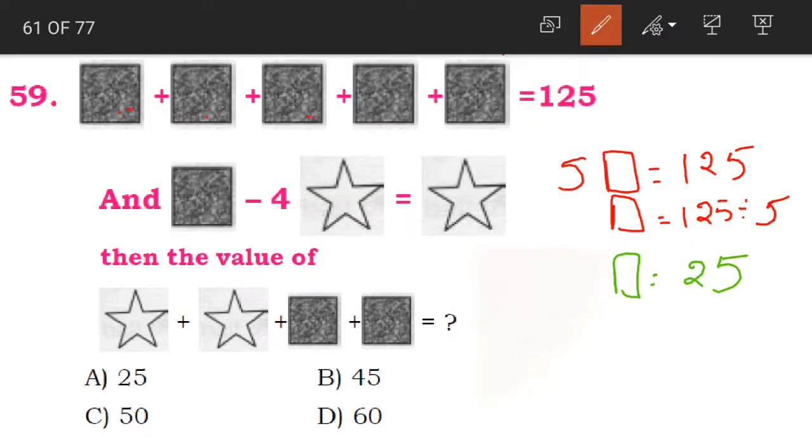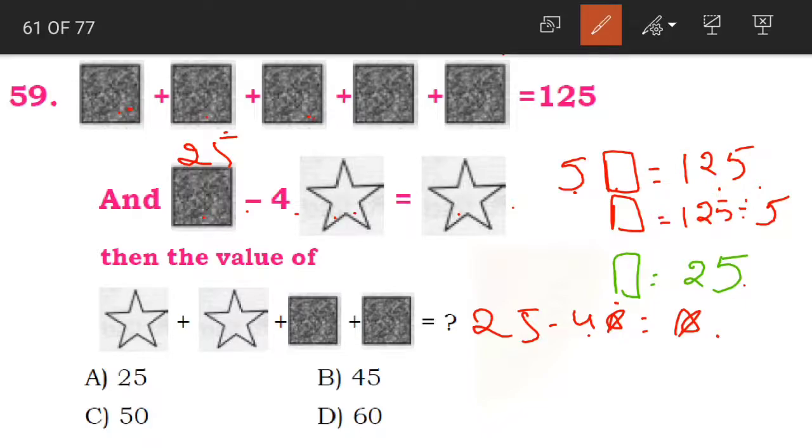Yes, clear children till now? Now this 25 minus 1 square is equal to 25. Now 25 minus 4 star is equal to 1 star. See children, now look at this here. Here we had 5 squares is equal to 125, so we were able to find out. In the same way here also we need the stars on the one side and the number on the other.